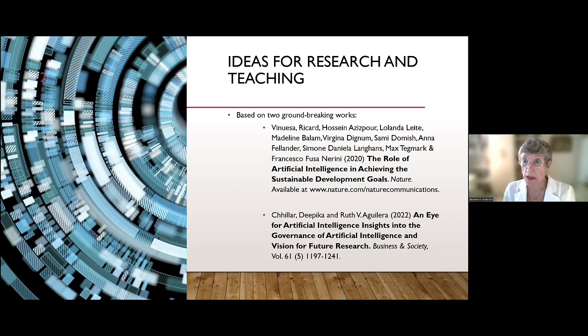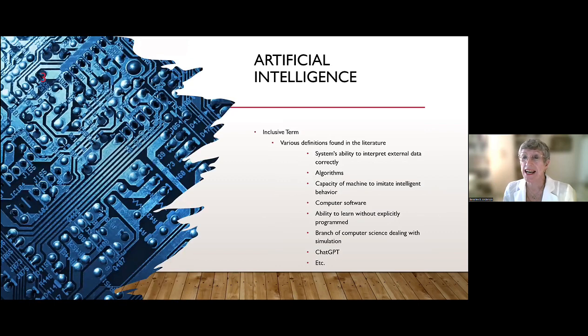For example, the Business and Society article cites 15 different definitions found in the literature today for AI. This slide looks at some of those ways that we look at it, because when we talk about AI, it is such an inclusive term. For example, some people look at it as the system's ability to interpret external data correctly.